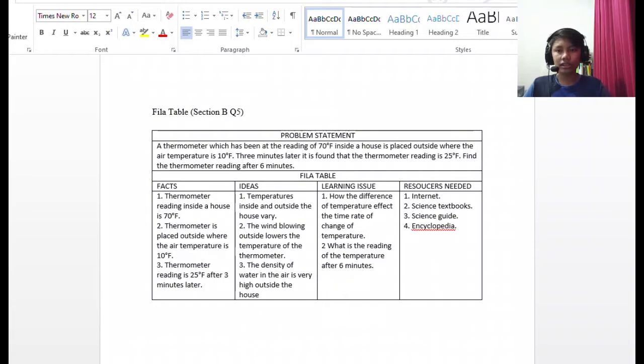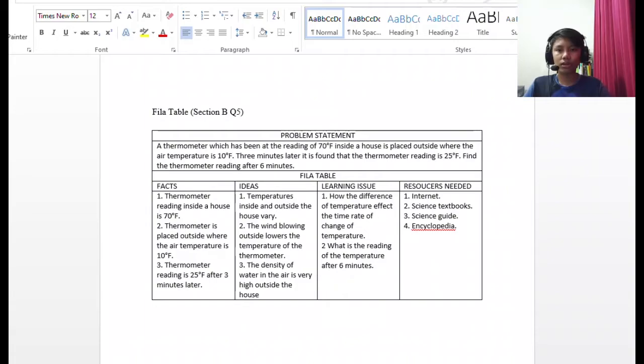So the ideas: temperatures inside and outside the house vary. The second one is the wind blowing outside lowers the temperature of the thermometer. And the last one is the density of water in the air is very high outside the house.